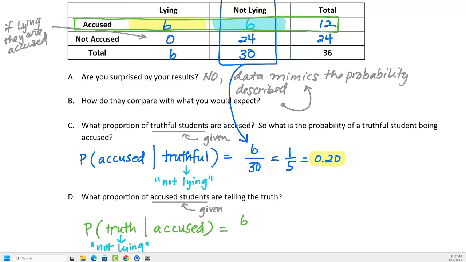How many? Oh, it is 6 though. 6 are not lying. And so I was looking at the wrong one, but it was the same number. Okay, so there are 6 students that are not lying in that row. And then how many total are there? 12. Well, we know that reduces to be a half, and that's 0.5, or 0.50 if I put an extra decimal in there.